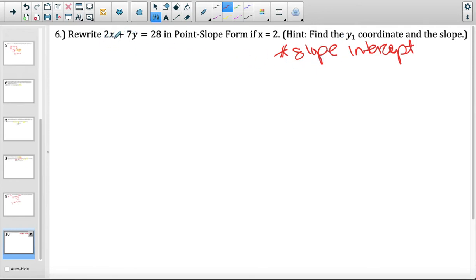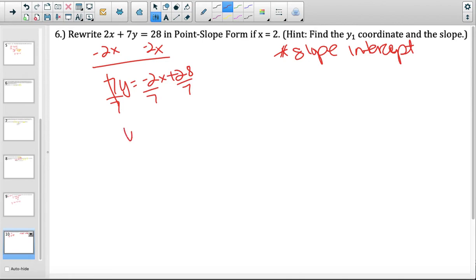So if I want to write 2x plus 7y equals 28 in slope-intercept form, I'm going to subtract 2x from both sides. I'm going to have 7y equals negative 2x plus 28. Divide both sides by 7. Maybe that's a little bit easier to see compared to the one I showed you earlier. So my slope is negative 2/7, and 28 divided by 7 is 4.